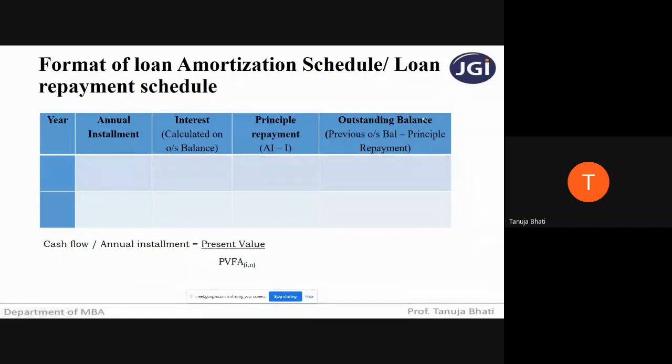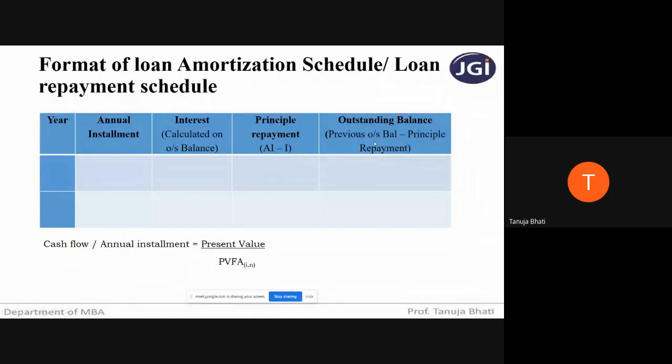Next is outstanding balance. Every year you're just going to pay some amount of annual installment, so in one particular year your entire loan amount will not be paid off. That is why outstanding balance is nothing but the previous outstanding balance minus principal repayment. So this gives you the remaining loan to be paid.